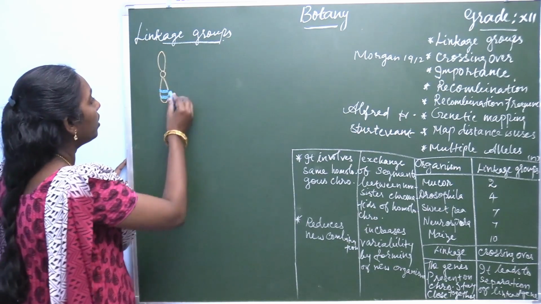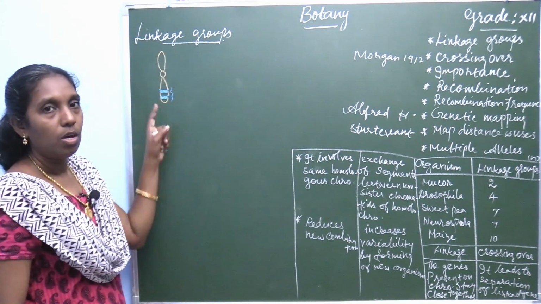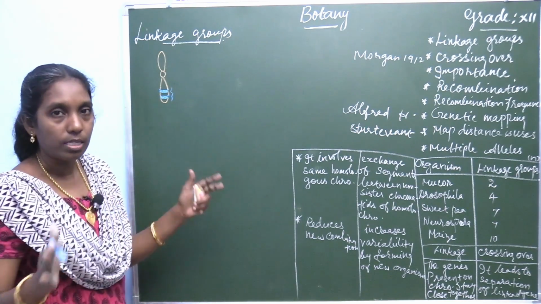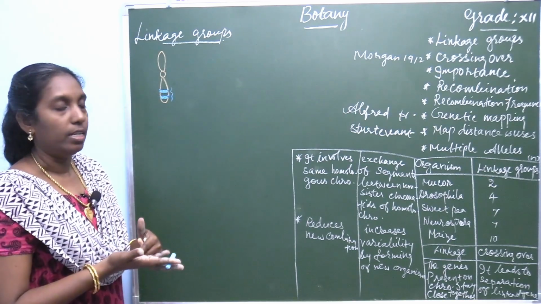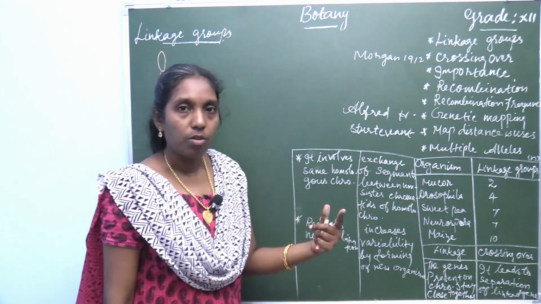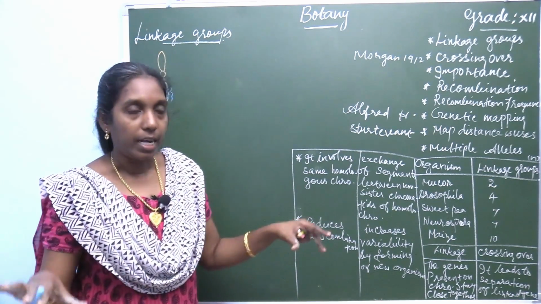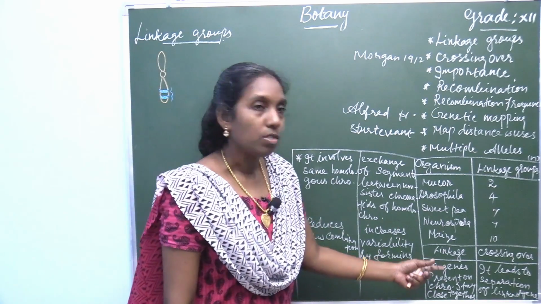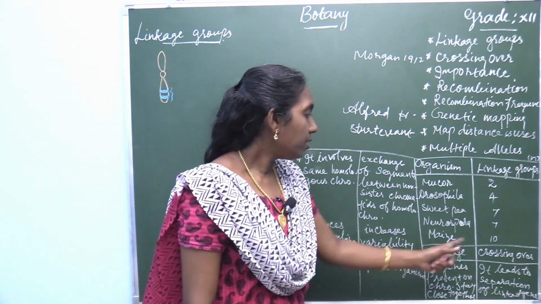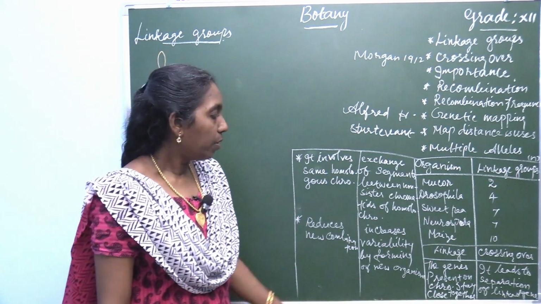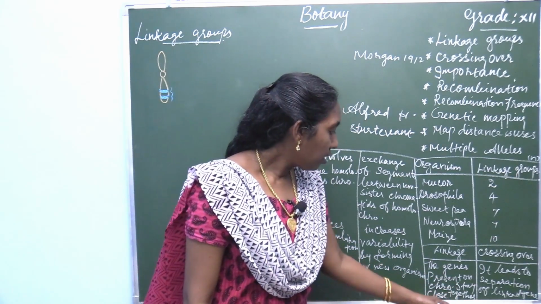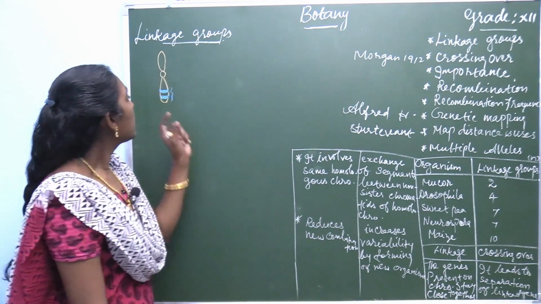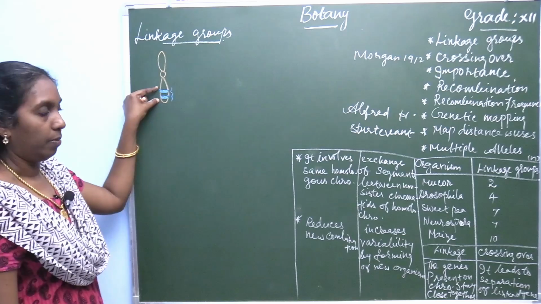So there is a possibility of closely related genes being inherited together. There is no separation; they are inherited together. But in crossing over, they separate. See the differences between linkage and crossing over. Number 1: the genes present on chromosomes stay close together.